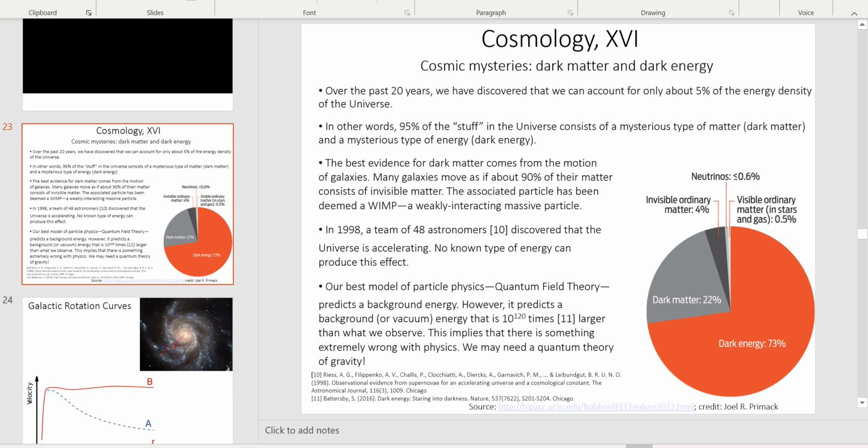The reason we think that this matter exists is for a couple of reasons. The main reason would be because the rotation of galaxies is not explainable via our current understanding of gravity, and also by just accounting for all the mass in the galaxy that you can see. If you take these two things together, you cannot explain the rotation of galaxies.